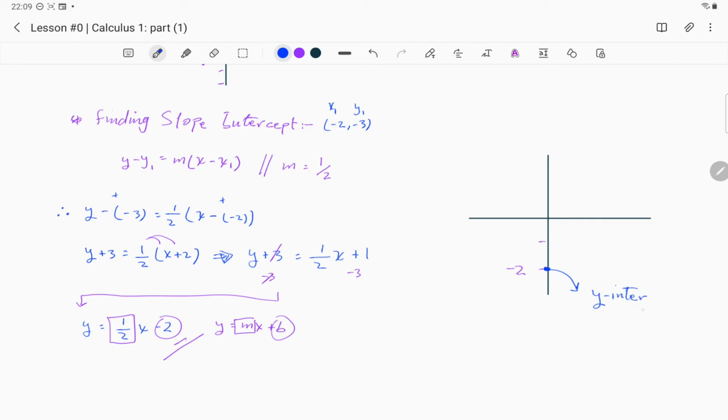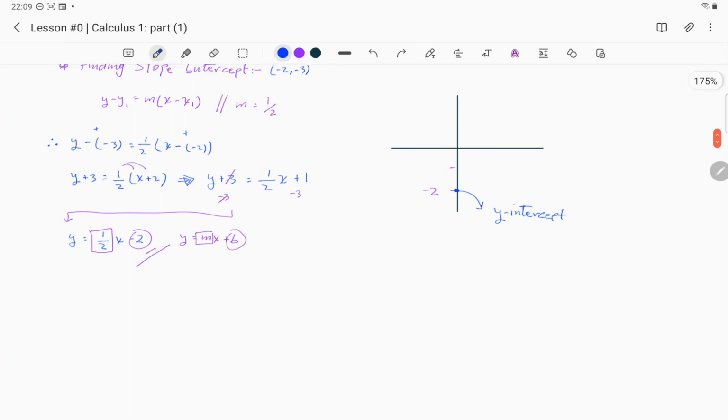It can be counted as the slope intercept, because the slope, or line, passes through this point. For example, if the line goes like that, it passes through this point, so it's the slope intercept. I'm just stating the facts right here. This is the y-intercept, also called the slope intercept.